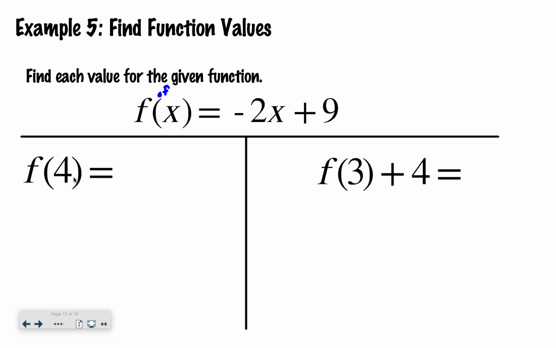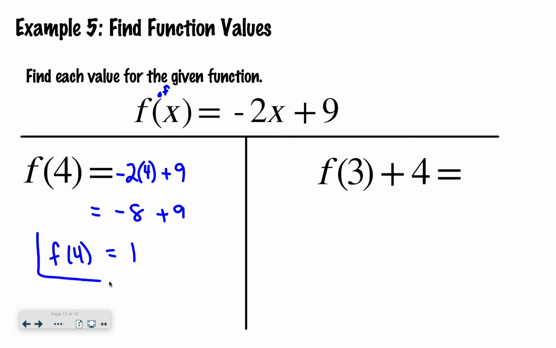And then what this means, you can see I have f of 4. What that means is instead of writing an x, I'm going to write a 4. That means I'm just plugging 4 into the equation. So now I have -2 times 4 is -8 plus 9. So my answer is 1. So I'd say f of 4 equals 1.